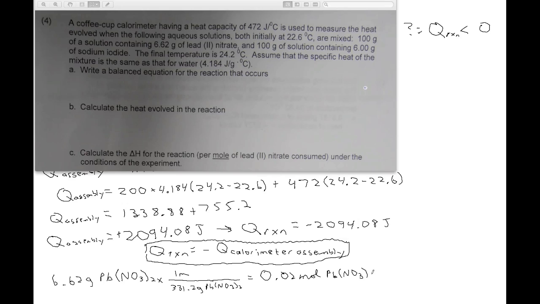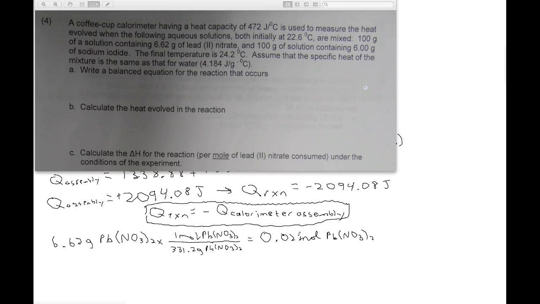So since Q for the reaction is negative 2094.08 joules per 1 mole, we can multiply this by 0.02 moles lead 2 nitrate. So 2094, and that is equal to 41.8816.